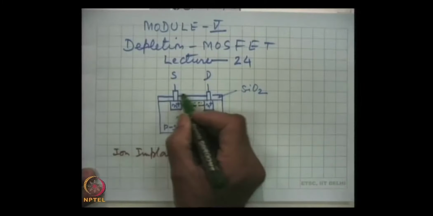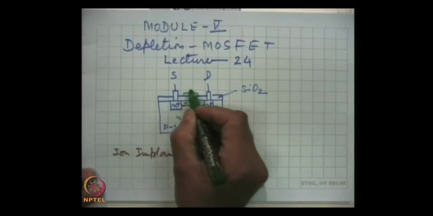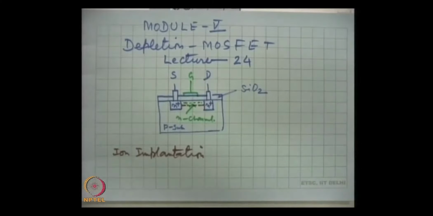And then there is one electrode which is the gate electrode. This was the structure.